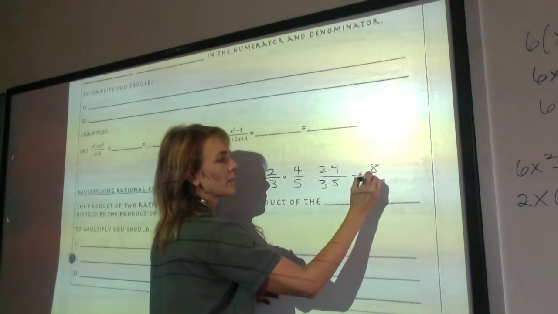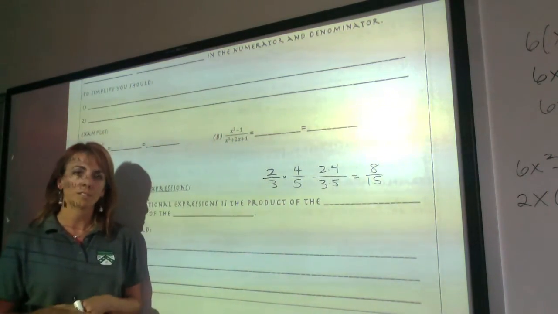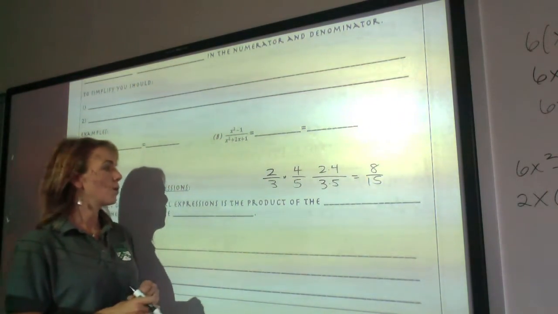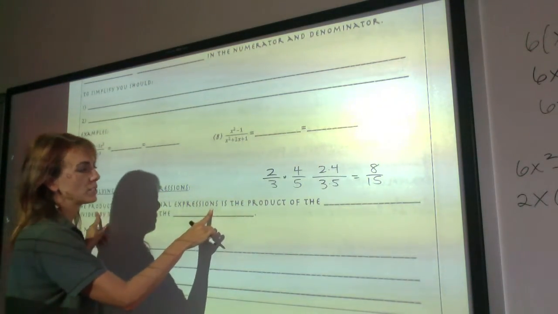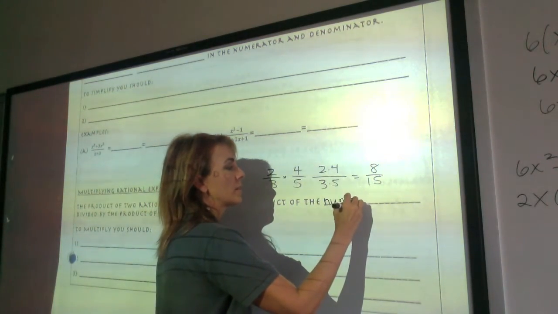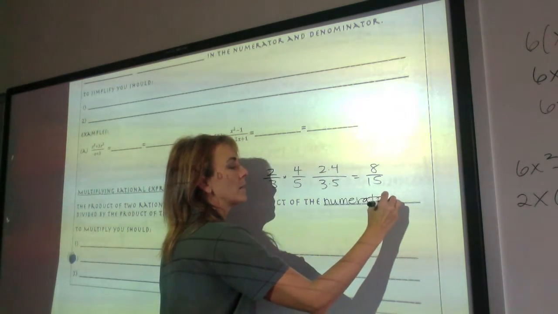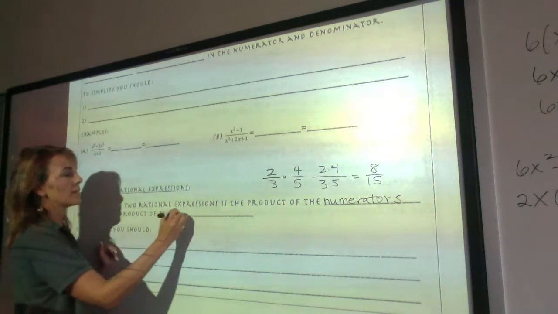So we'd end up with something like this, 8 over 15. This is true with rational expressions as well. So if I am finding the product of two rational expressions, it's just the product of the numerators divided by the product of the denominators.